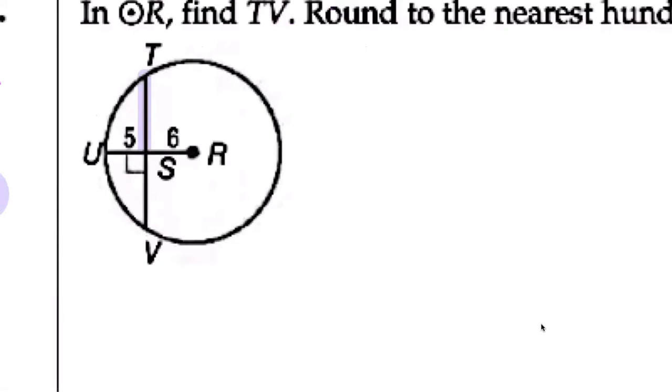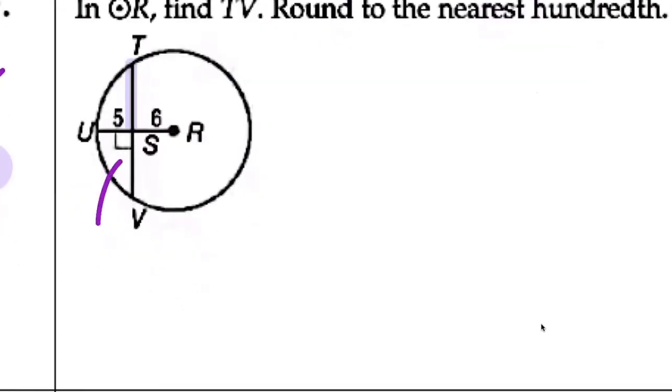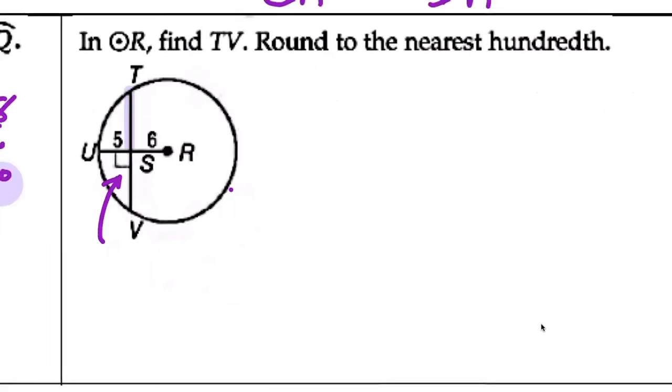The reason I want you to look at that is because we can draw in a triangle that would be helpful to figure out what's going on. Because of the right angle there, that tells you that segment TV is bisected, it's cut in half.